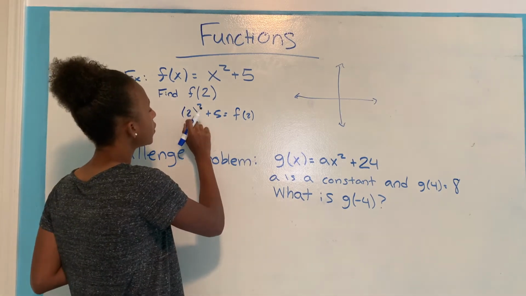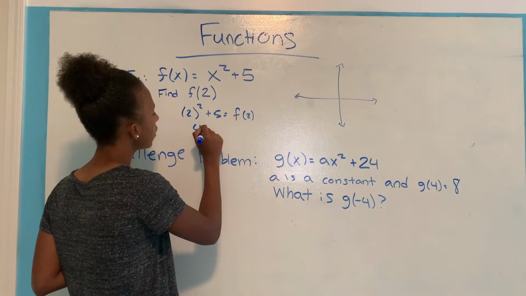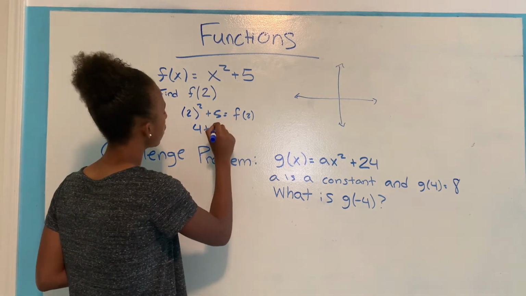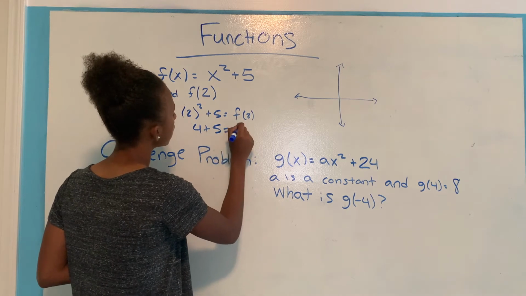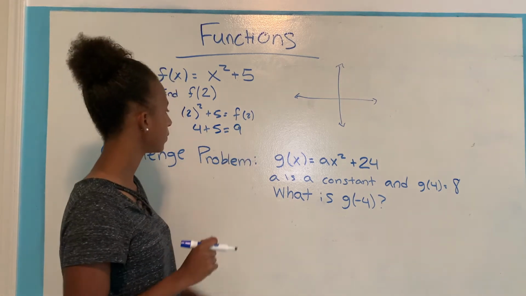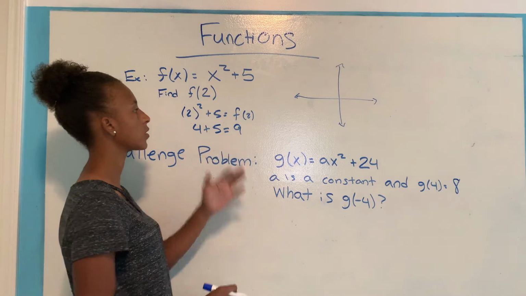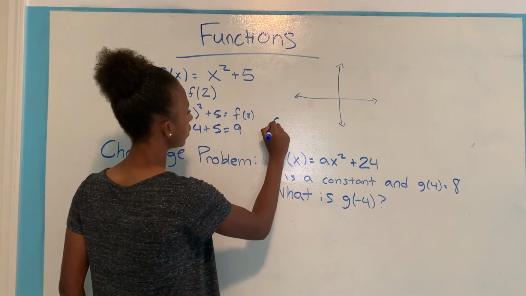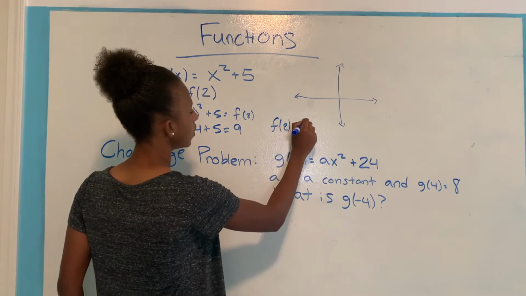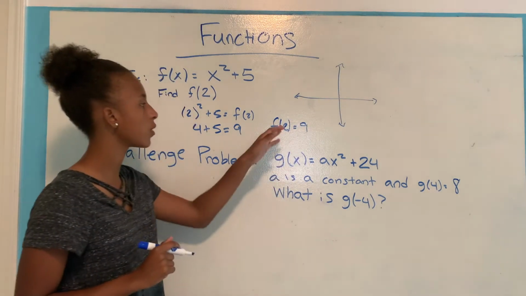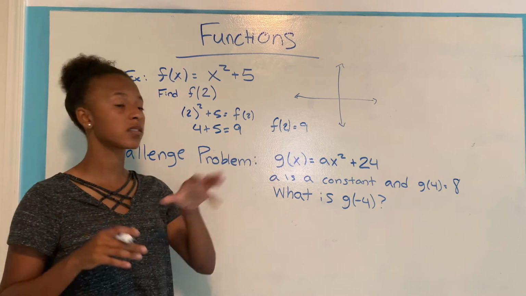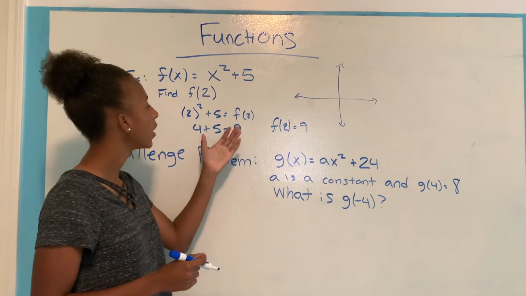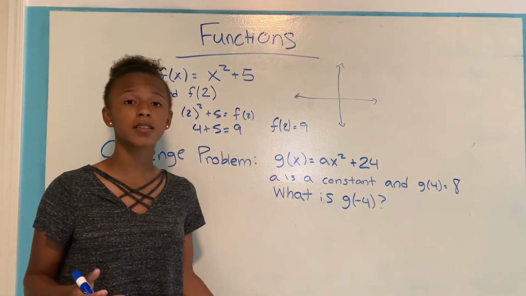So 2 squared equals 4, because it's 2 times itself, and 4 plus 5 equals 9. So f of 2 is equal to 9, because it's when you plug in 2, or x in this case, into the graph that is defined by this function, and that equals 9 in this case.